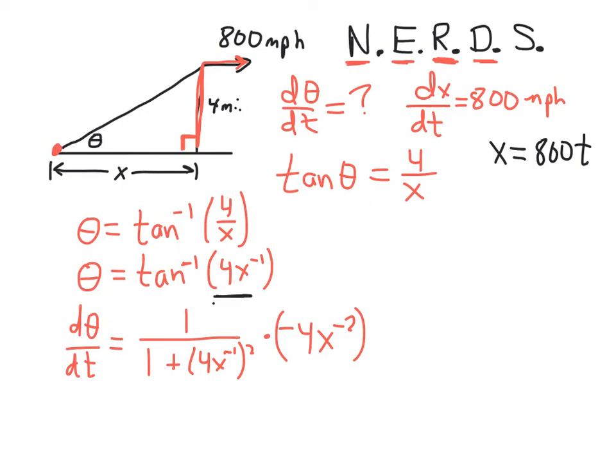So the derivative of our inside function here with respect to t is going to be 800. So now we have a full expression of what is going on, the derivative with respect to t.